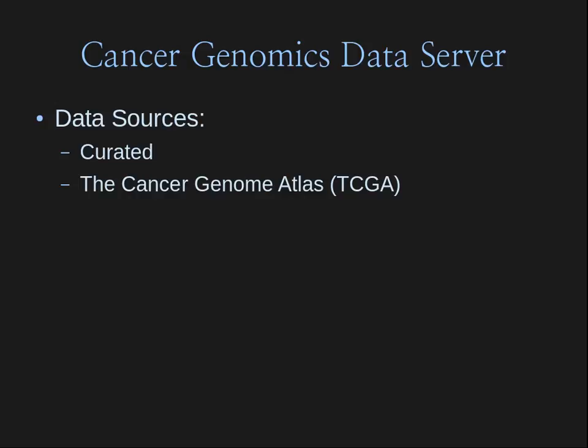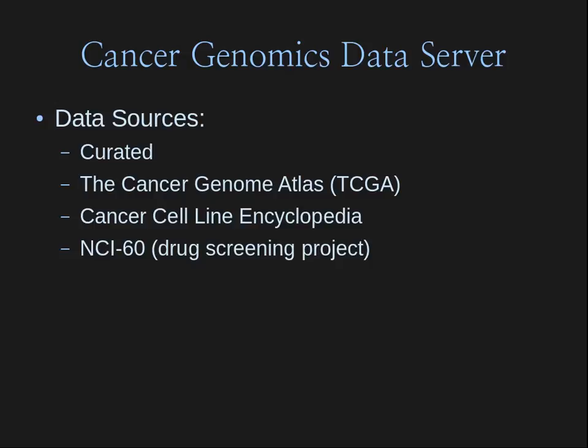A couple of the big places that a lot of this has come from, number one, is the Cancer Genome Atlas. I think roughly half of all the data sets in here have come from the Cancer Genome Atlas, which was one of these large projects that included, among other things, looking at transcriptomics from a wide variety of different cancer types. Then I have the Cancer Cell Line Encyclopedia. And the NCI, the National Cancer Institute, has a group of 60 different cancer cell lines that are, again, curated, and they've done transcriptomics on all of these.